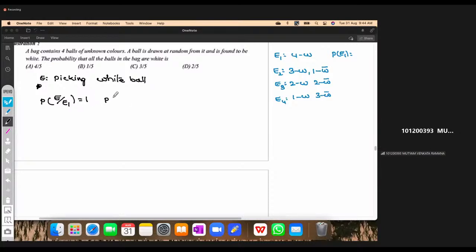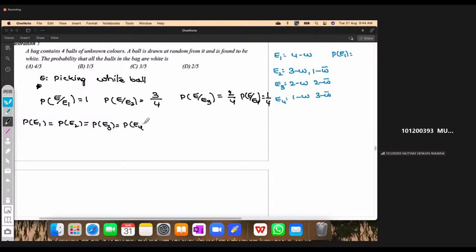Now, probability of E given E2, 3/4. Probability of E given E3, 2/4. Probability of E given E4, 1/4. Now, probability of E1 is equal to probability of E2 is equal to probability of E3 is equal to probability of E4 is equal to 1/4 each.